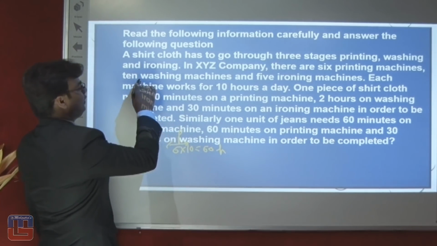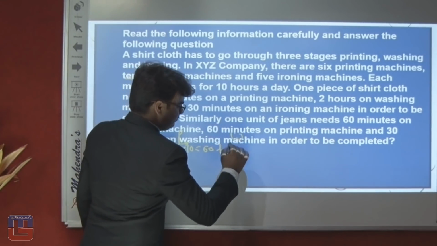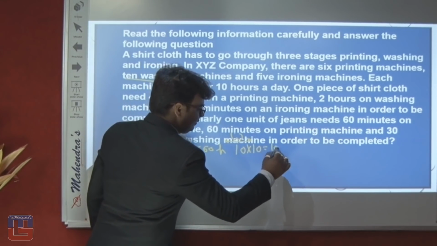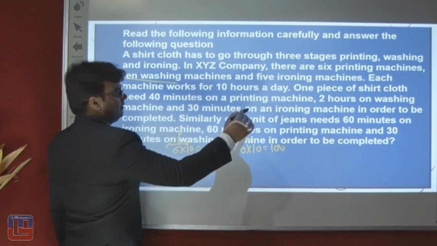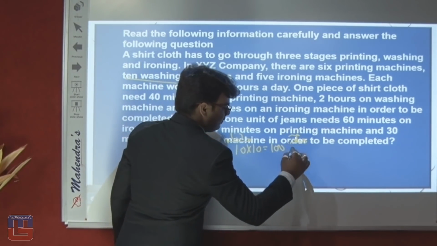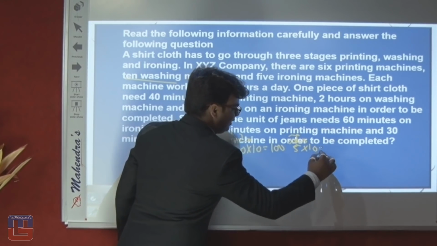Then washing machines, 10 into 10, that means 100 hours. Then 5 ironing machines, 5 into 10, that means 50 hours.